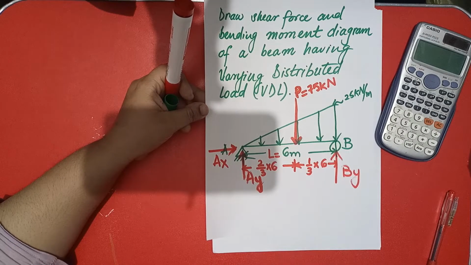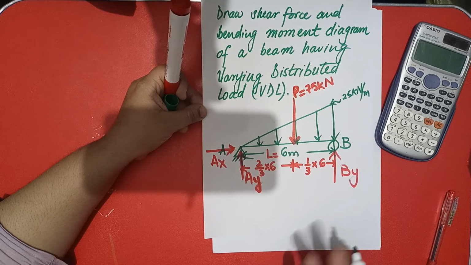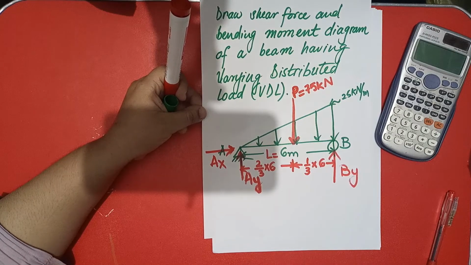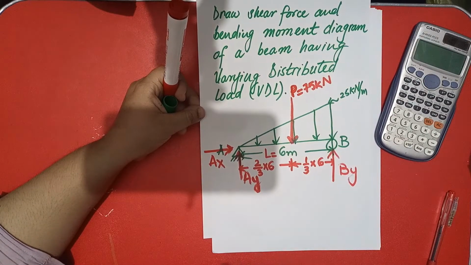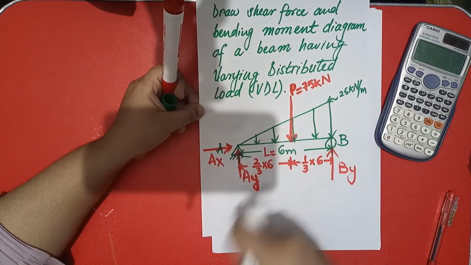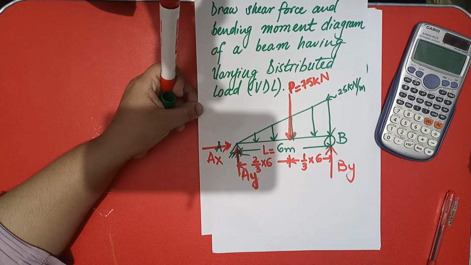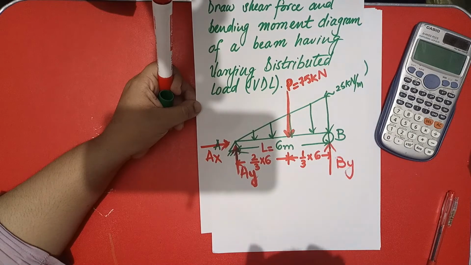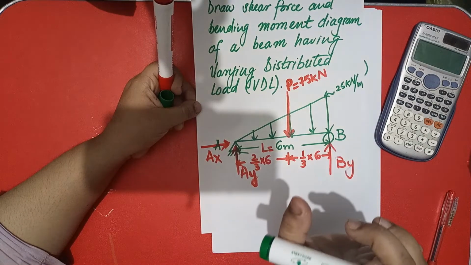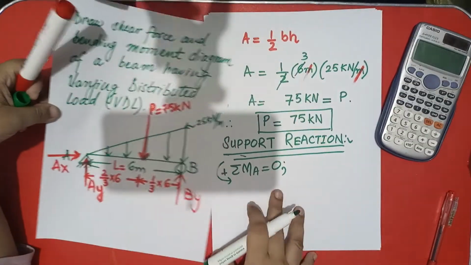If you want to take clockwise as positive, you can take it. It's totally up to you, but make one thing clear: how you convert triangular loading into the point load, and how you distribute the distances of that point load. Keep in mind that in the triangular loading, the shorter side should be 2/3 into L, and the longer side should be 1/3 into L.